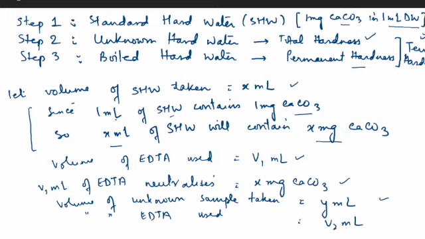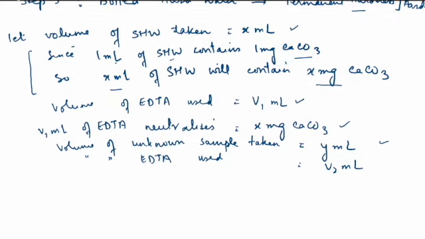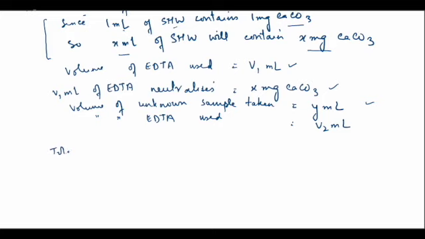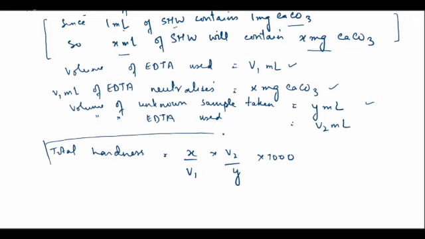So the total hardness of this sample will be equal to X over V1, which is the data I am getting from this part, into V2 over Y, into 1000. Straight away this formula will give you the value of total hardness of your sample solution.